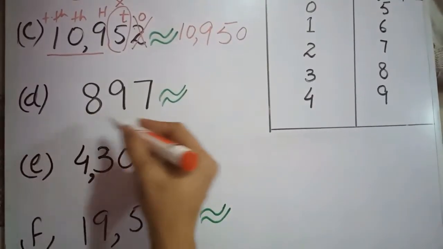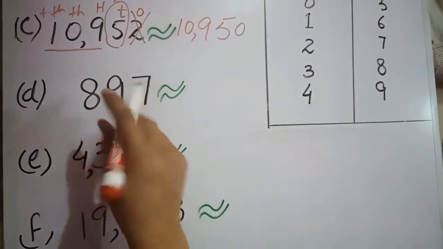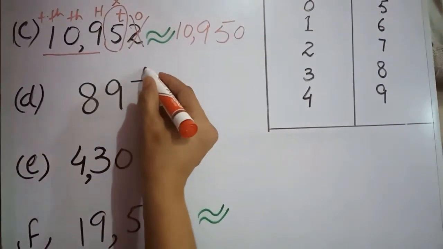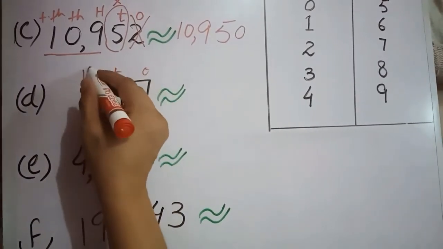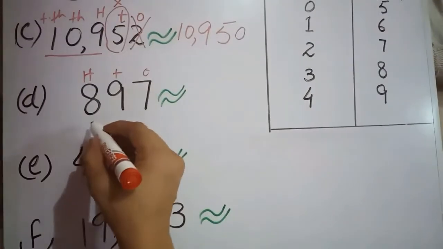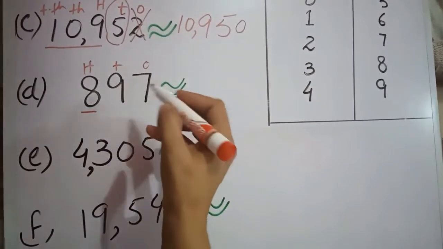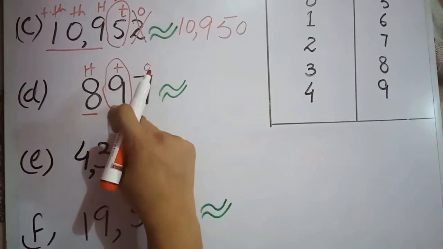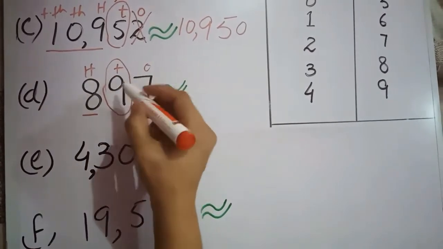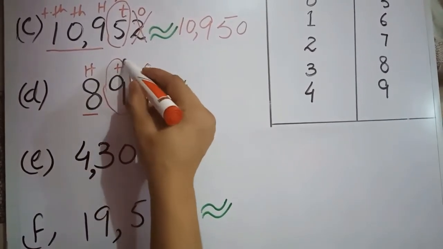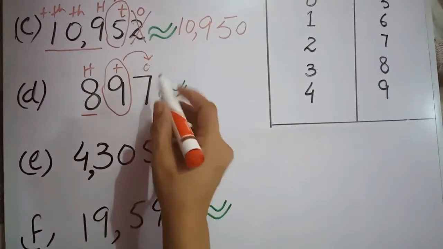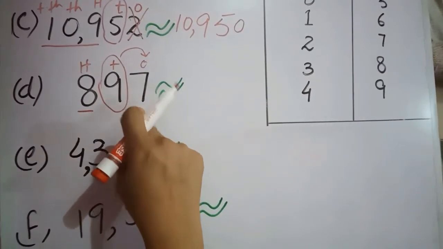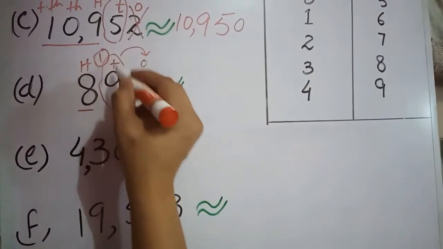Now in the D part, we have 897. First of all, we will put place values: ones, tens, hundreds. Here 8 is constant. Now we have to round off the 9 in the tens place, and for rounding off the tens place we have to look at the ones place. Now the ones place is a strong group member, that's why we will add 1 to the 9.